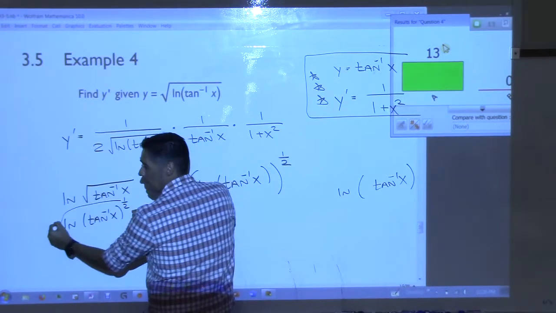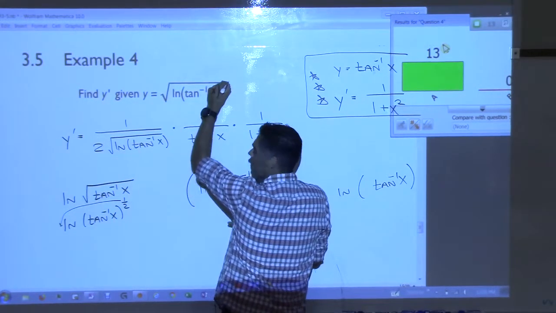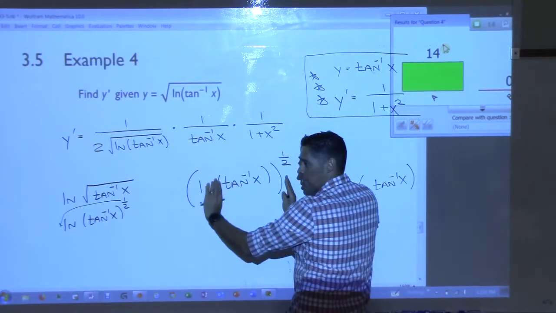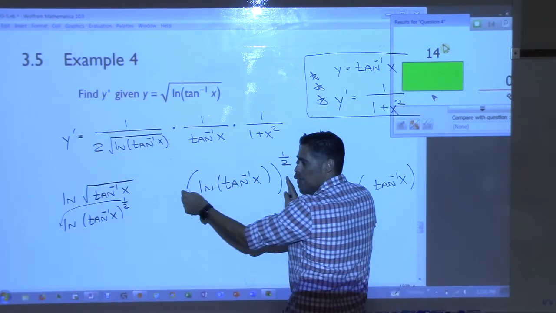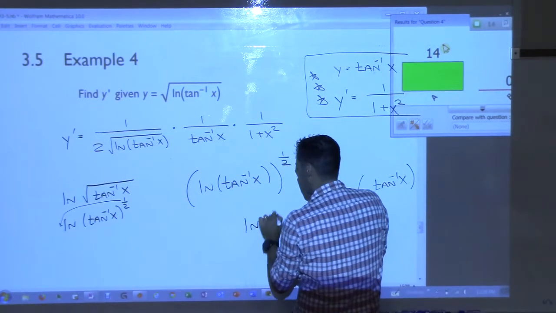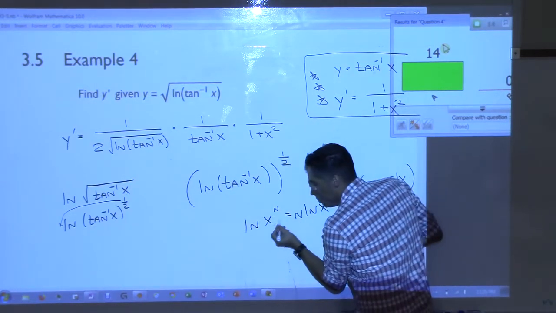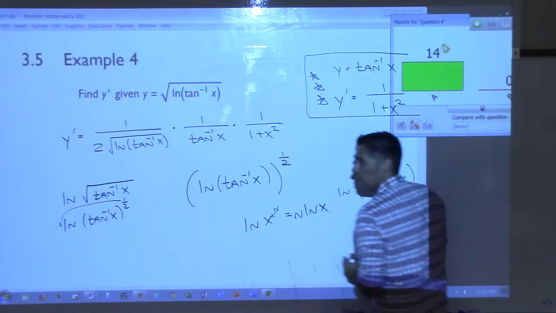Then the 1/2 could come out. The problem here is that this half is acting on the entire expression, including the natural log. So you can't pull the power. Does that make sense? We have this property right here. This is the one you're referring to. When you see this, that n is only acting on that x, not on the whole expression.